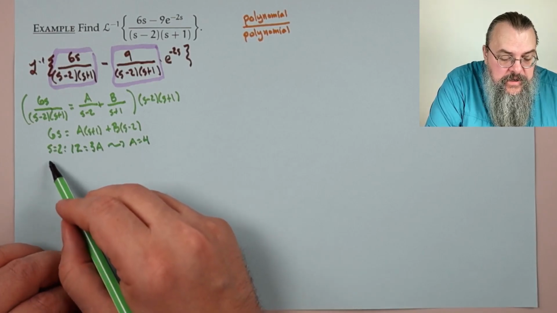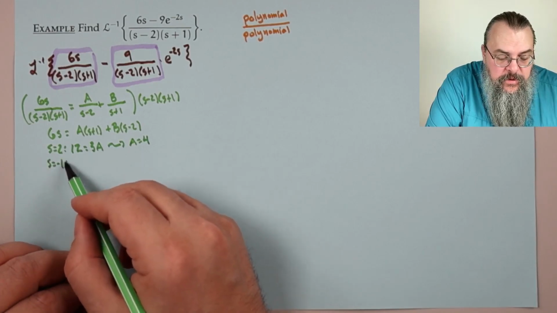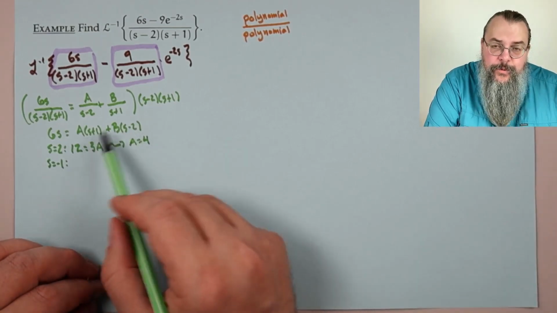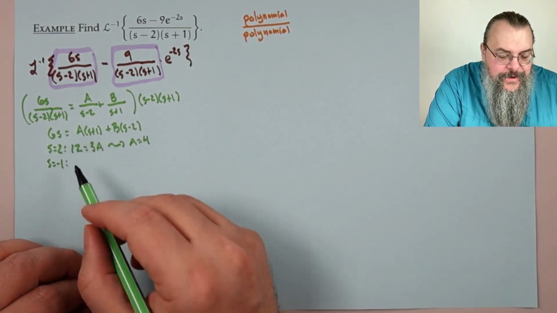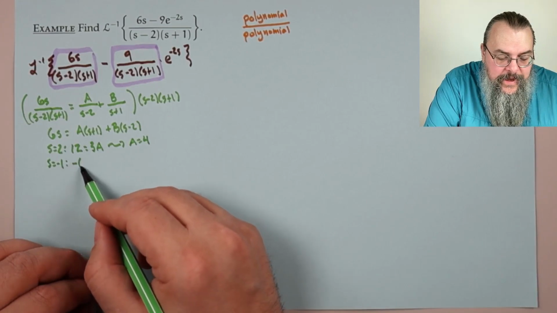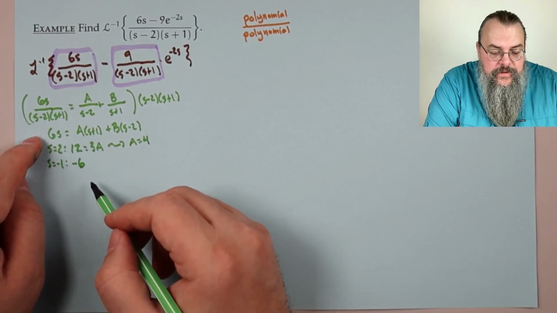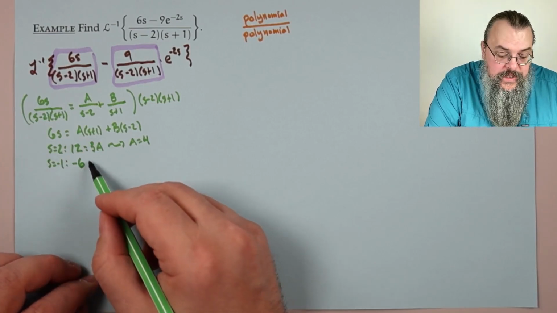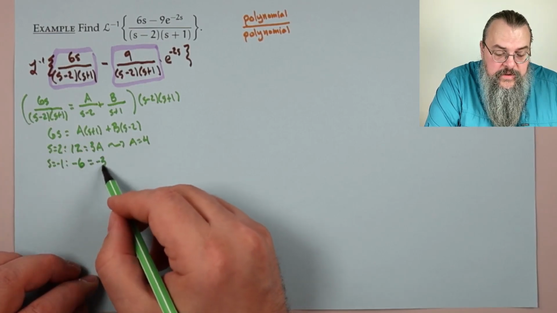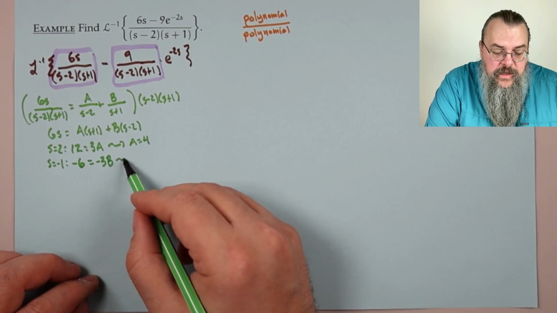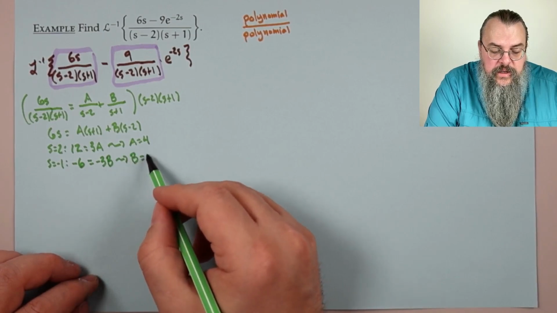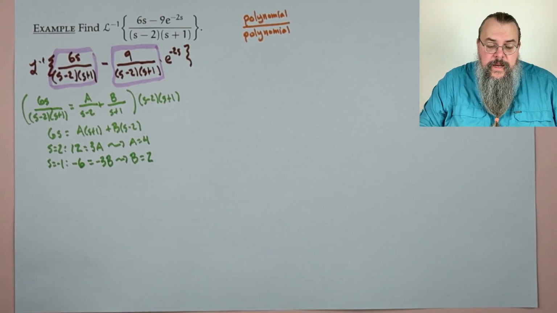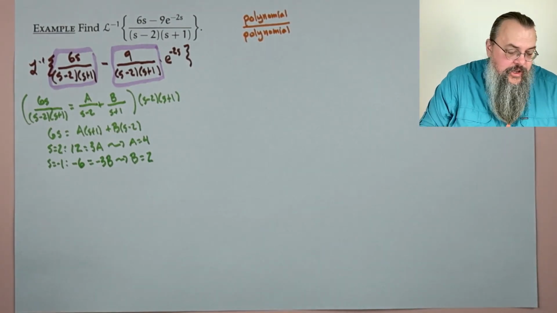All right, how about another good choice? s equals negative 1. If you're wondering where these good choices are coming from, we're trying to make stuff 0. 0 is a wonderful ally. So negative 6 equals A times 0, and then negative 1 minus 2 is negative 3, so negative 6 equals negative 3B. So B is 2. Now, what does that tell us?